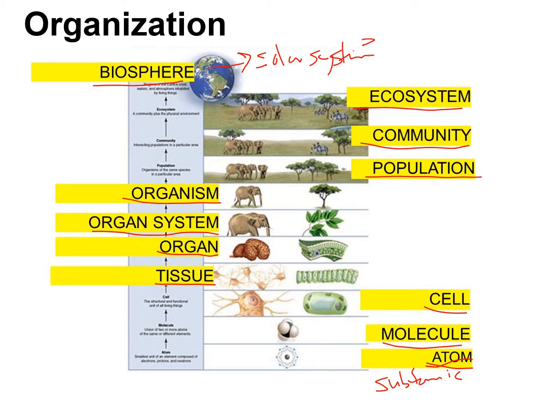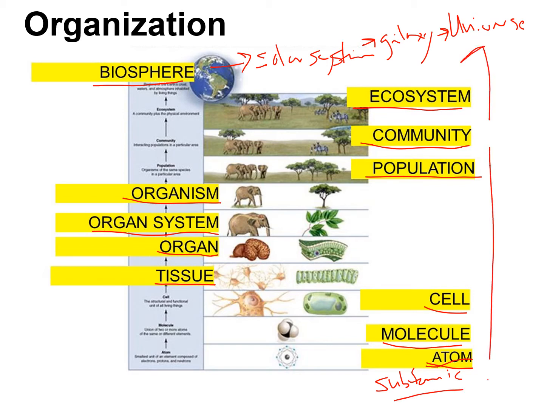Then you can go even higher to the galaxy. And ultimately, the highest level of organization is the universe. So this is a diagram of our universe, put together from the lowest level of organization that we know, going all the way to the highest.